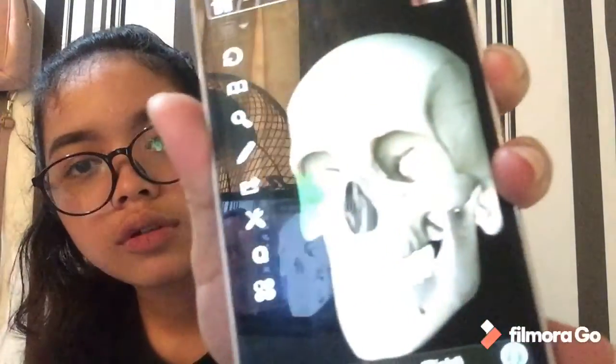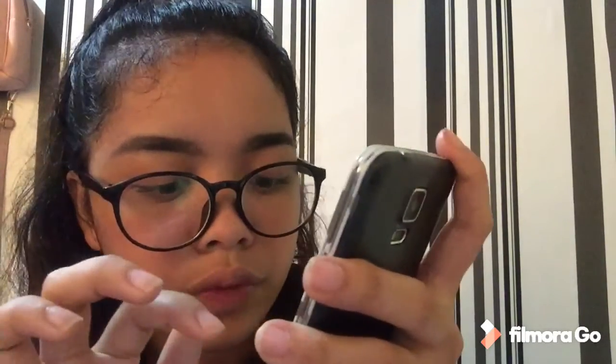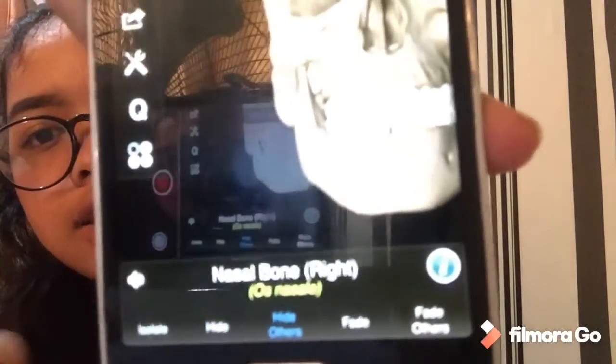So, here it is. The green, can you see it? The green will tell the name of each bone. So first is the nasal. Nasal here. This is the nasal bone.